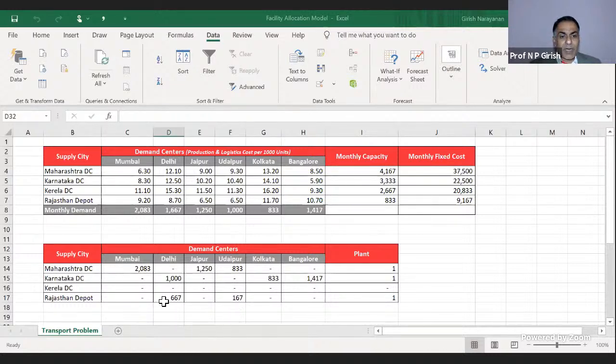Now, let's say that next month, my Rajasthan depot is in some kind of maintenance, so I can't use that. And I want to use the Kerala one. Let's try to do that. Data, Solver.